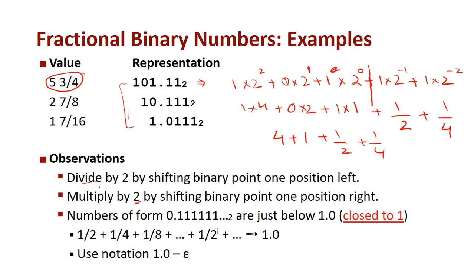There is one more observation. Numbers of the form 0.1111 are not equivalent to 1, but they are very close to 1. How? Let's solve it.